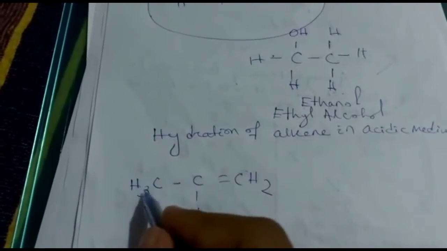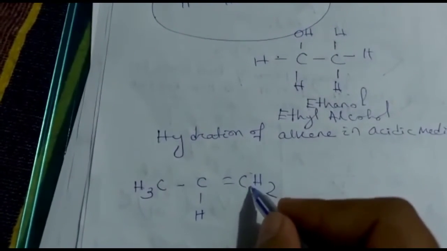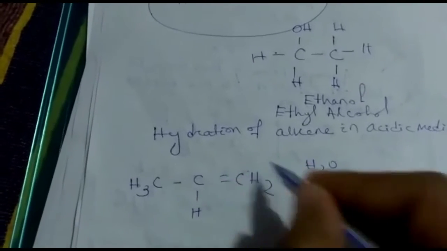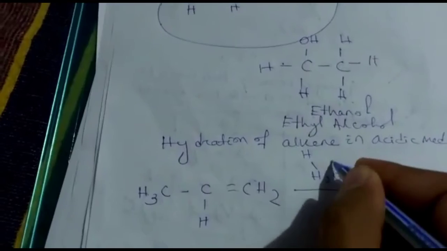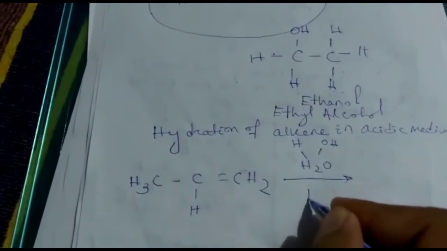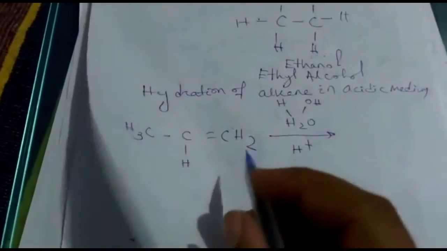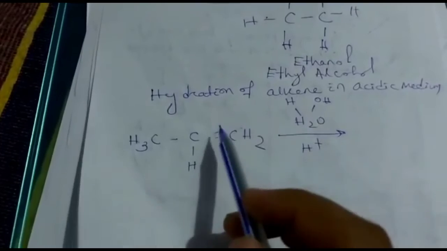On this side two carbons are present, and here only one carbon. If this reactant reacts with water, water means the same H and OH, again in acidic medium, therefore we are writing H plus. Then where will H attach and in which carbon will OH attach?